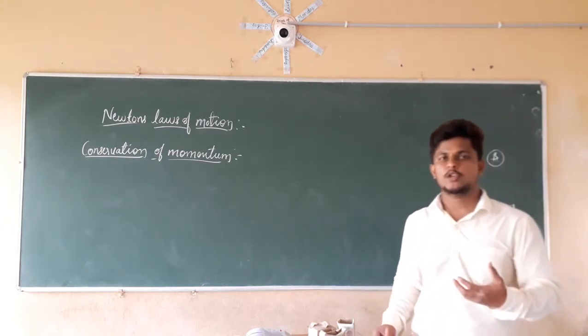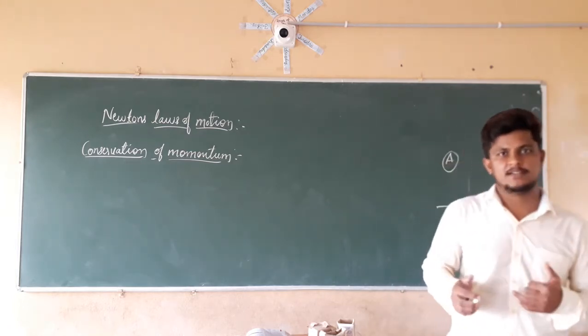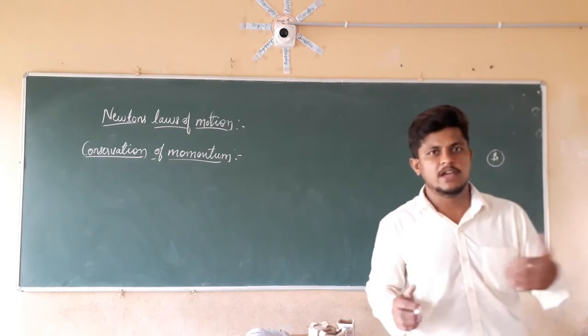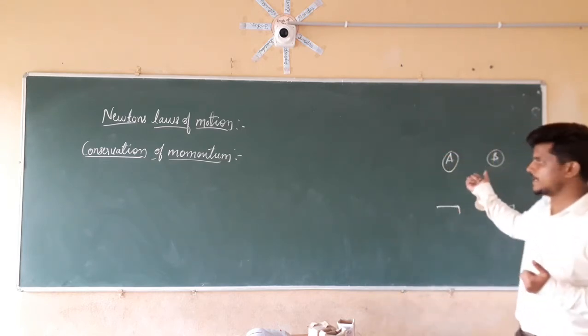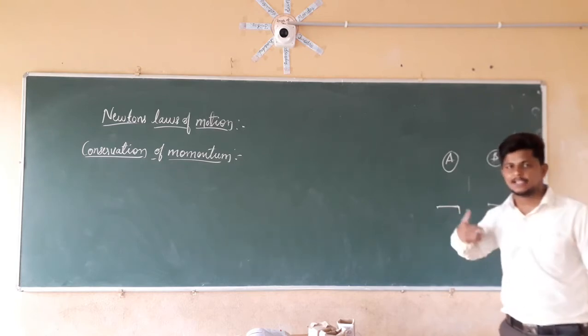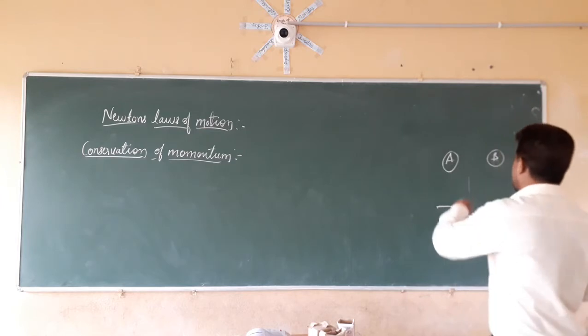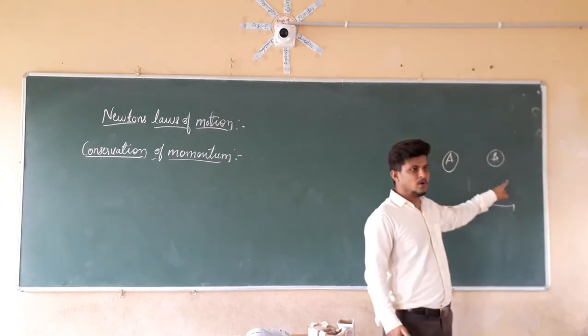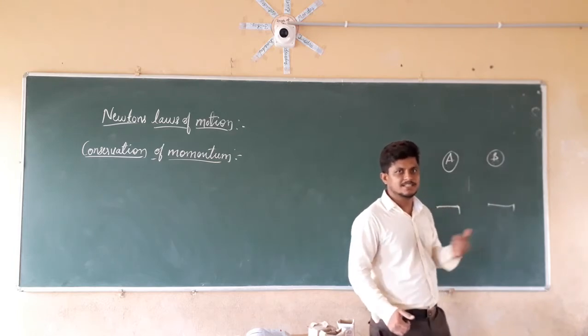We are going to provide a heavy object to the girl, and they are going to play with it. The girl is going to pass that heavy object to the boy, and the boy again is going to pass it back to the girl in this manner.